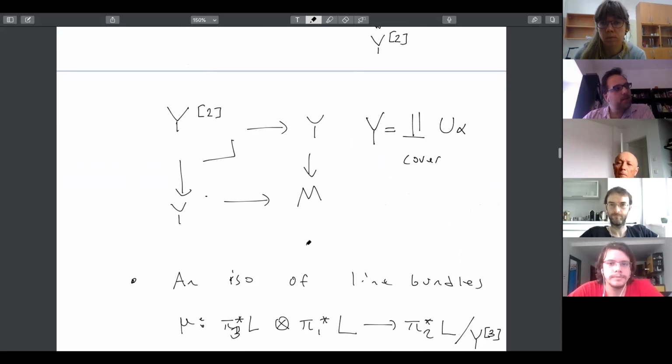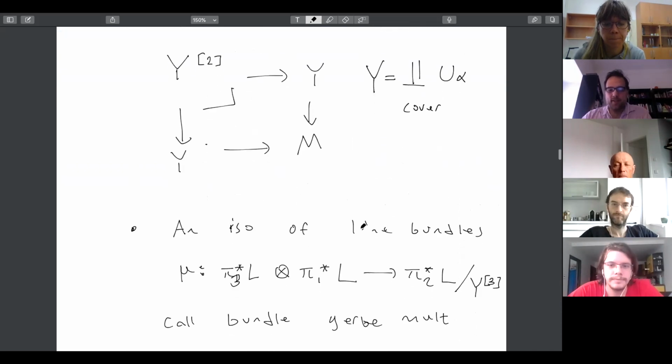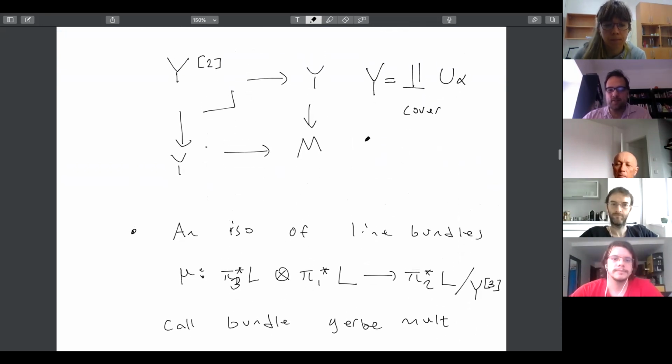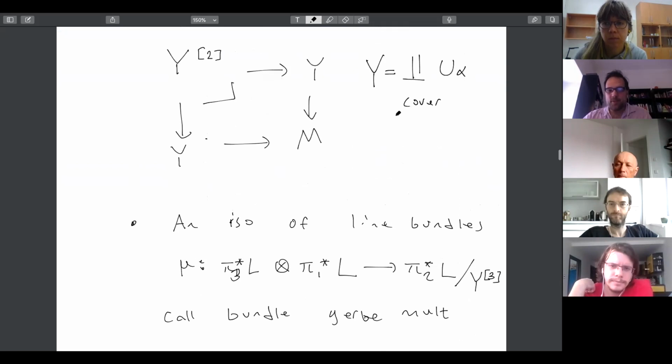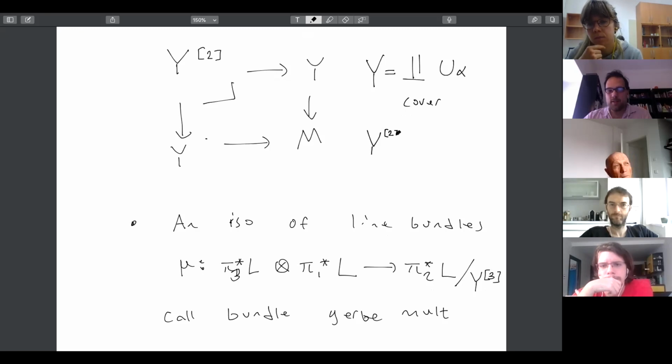Is that true, or is it Atiyah? Anyway, one way to think of these bundle gerbes, when Y is a cover and these fiber squares are, like you said, the intersections, I'll just write the intersections by increasing the number of indices.